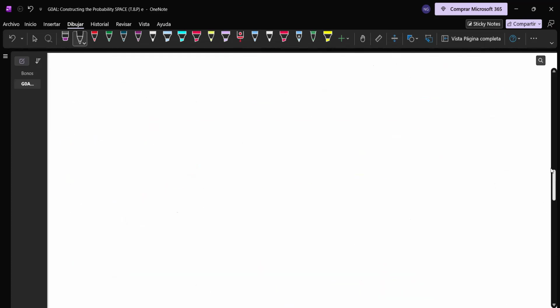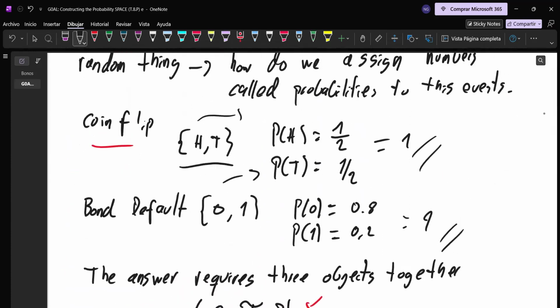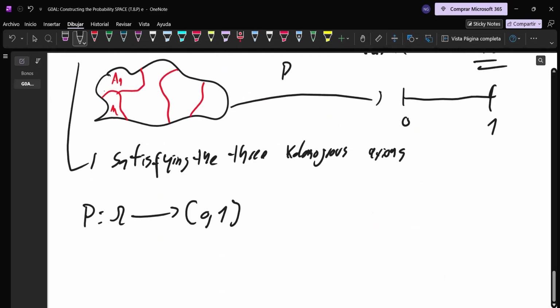In this example, I say, for a coin flip, what is the probability of heads or tails? 1/2 and 1/2. The function P goes from {H, T} to 1/2, 1/2. But is it correct to say from Omega to [0, 1]?